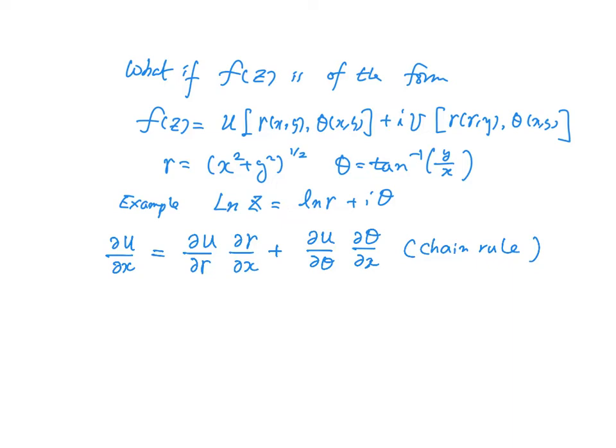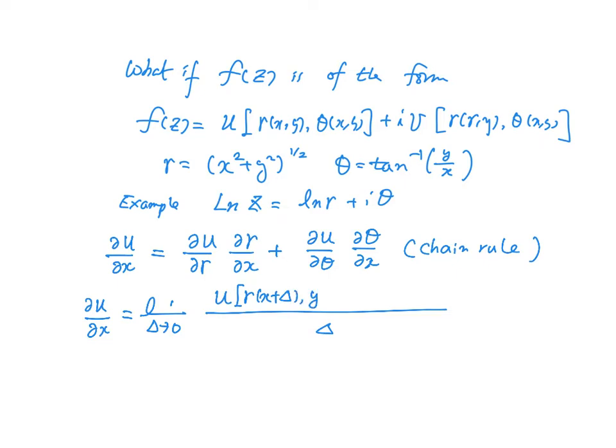So let's go back to the original definition. Partial u partial x is the limit as delta goes to 0 of the difference of u.